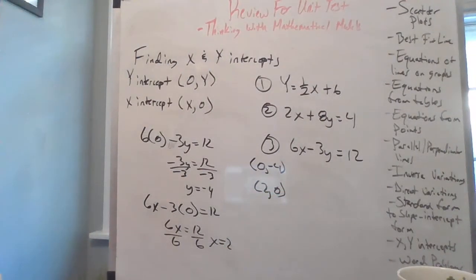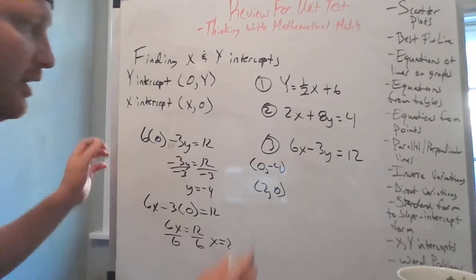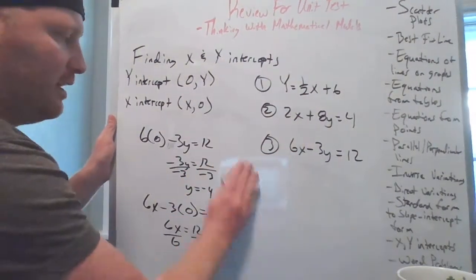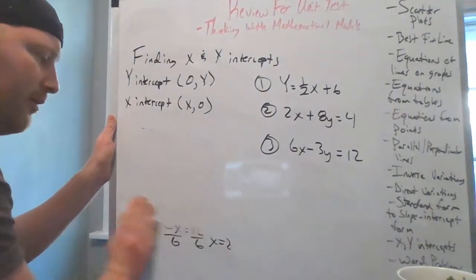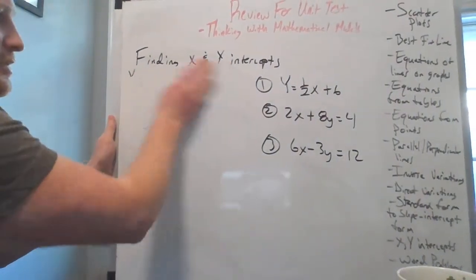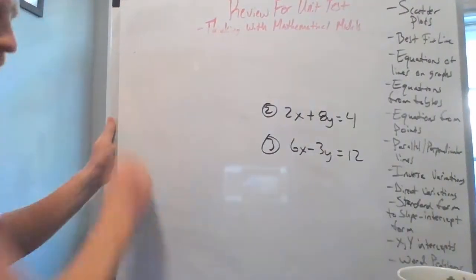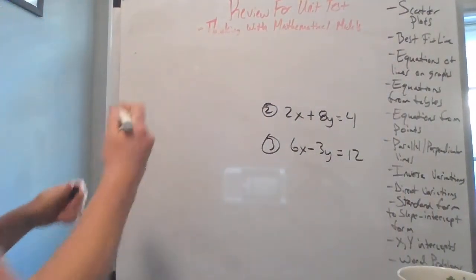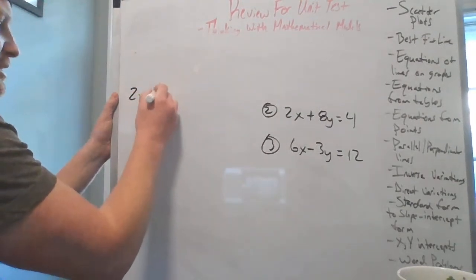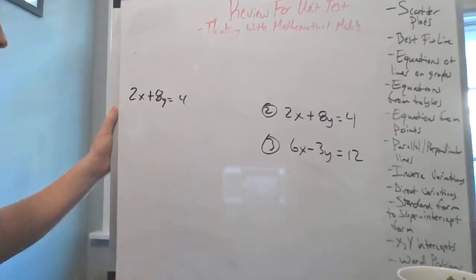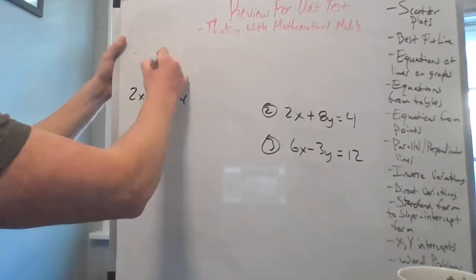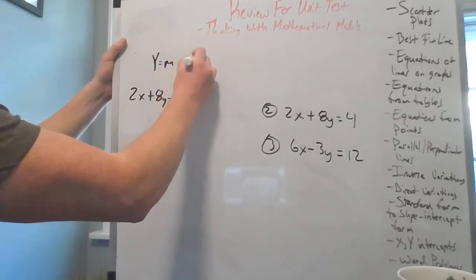All right. Now I'm going to go right into standard form to slope-intercept form. Even though we've been kind of doing that, I just want to give some more explicit instruction on that. Here we go. I'm going to use these 2 examples right here to write them into slope-intercept form. So, remember, slope-intercept is y equals mx plus b. I've got to take my 2x plus 8y equals 4 and move this into y equals mx plus b.